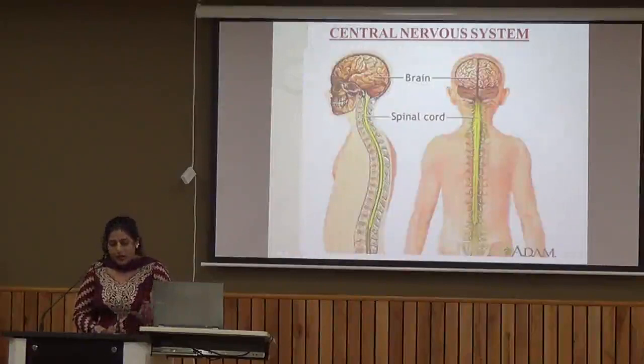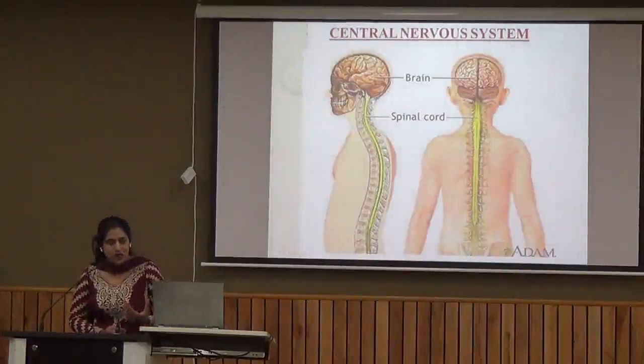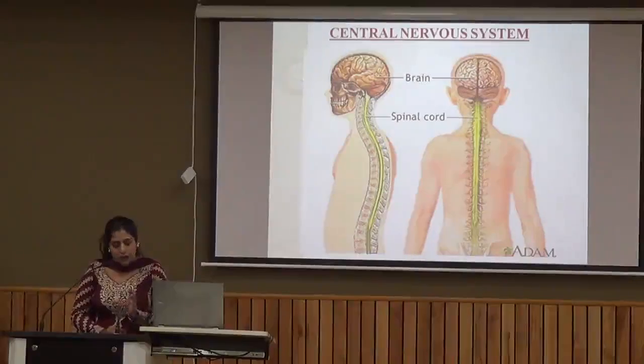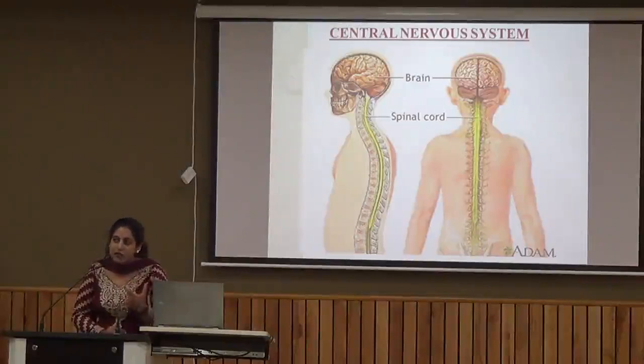If you look at this simple figure of a central nervous system, you'll see that there is one brain and a spinal cord. The brain is the part which is the main function. The body function is controlled by your brain, and you'll see that the spinal cord is directly connected to it, so that means that every message which has been sent by the brain will go through the spinal cord definitely.